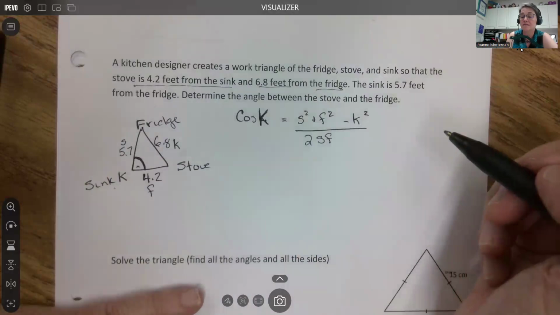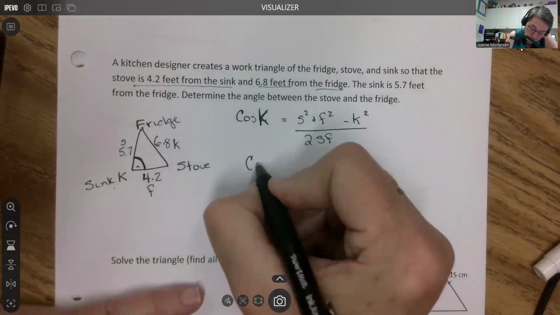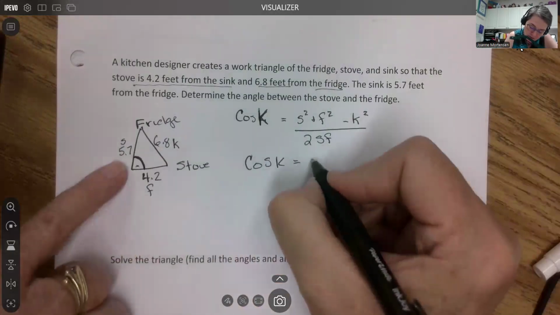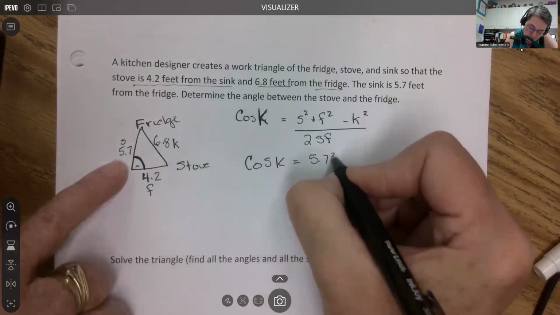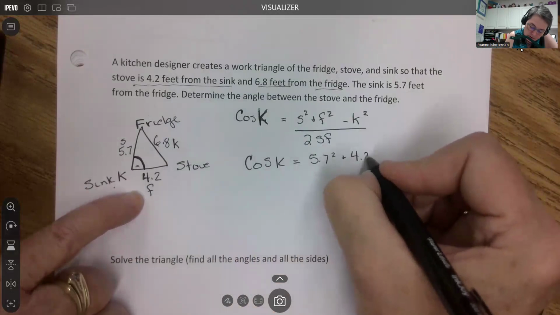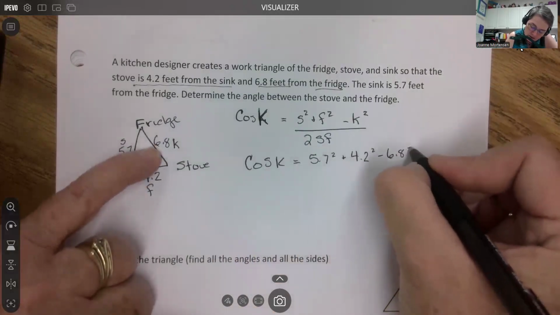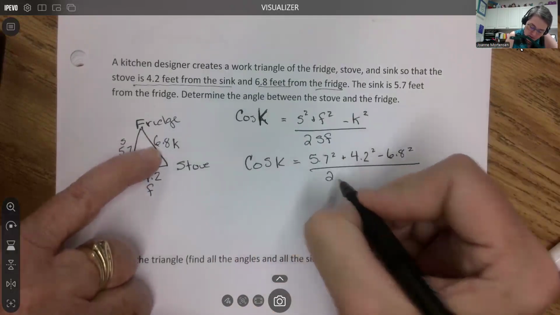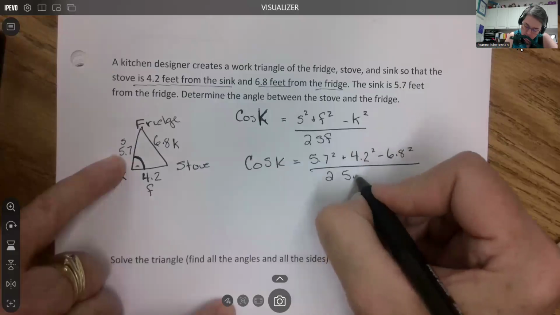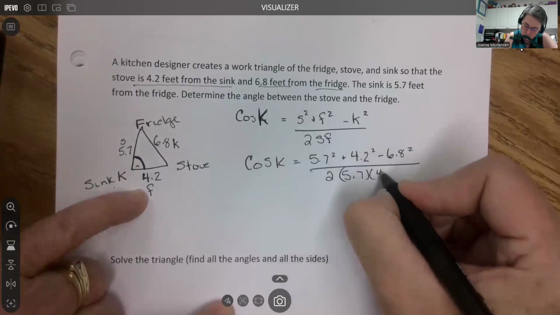If you put f first because you want it to go alphabetical, that's 100% fine. So cos k is equal to s, which is 5.7 squared, plus f, which is 4.2 squared, minus k, which is 6.8 squared, over 2 times s, which is 5.7, times f, which is 4.2.